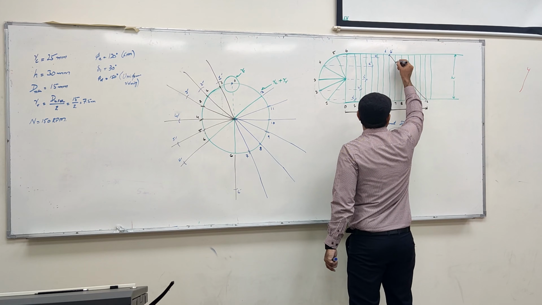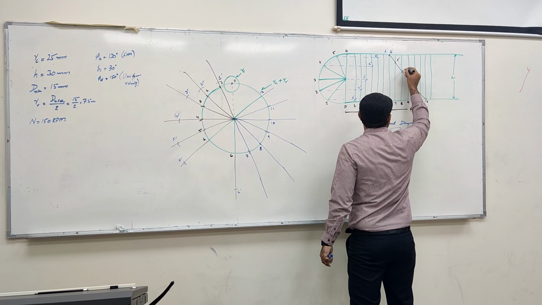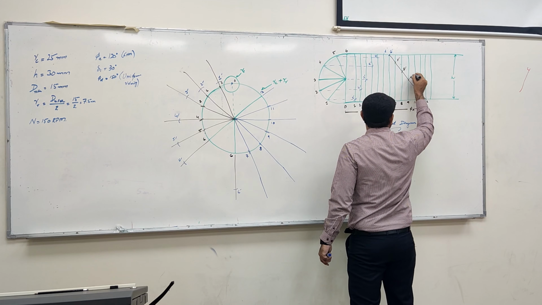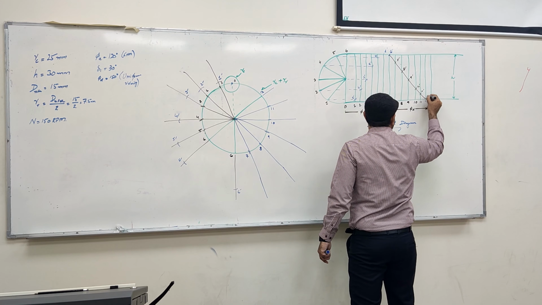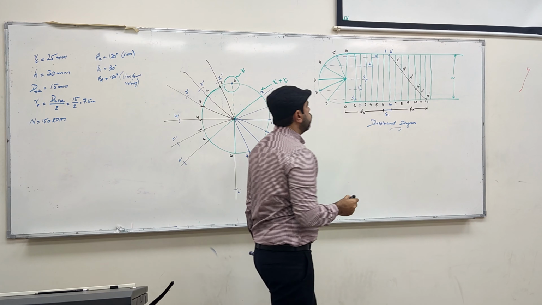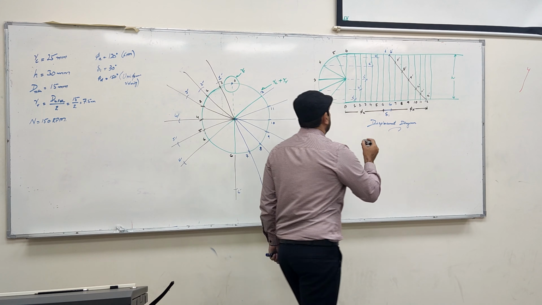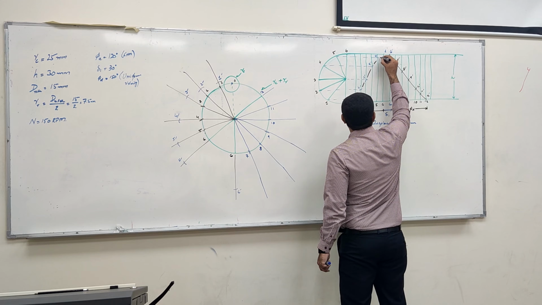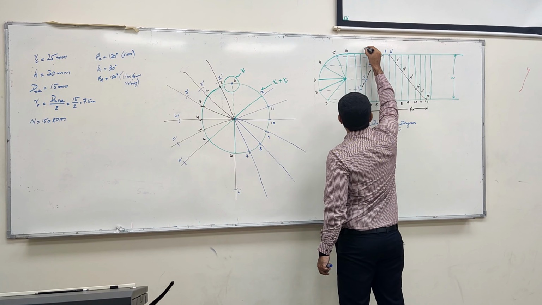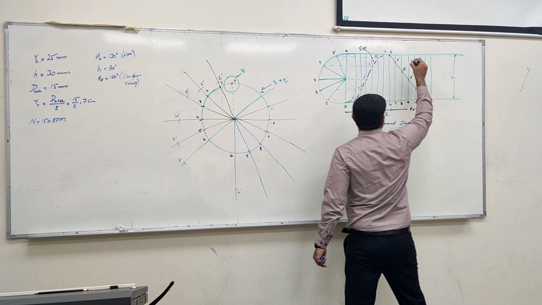6 with 6 prime, 7 with 7 prime, 8 prime, 9, 10 prime, 11 prime, same point. This one is simple harmonic motion, and this one is uniform velocity.